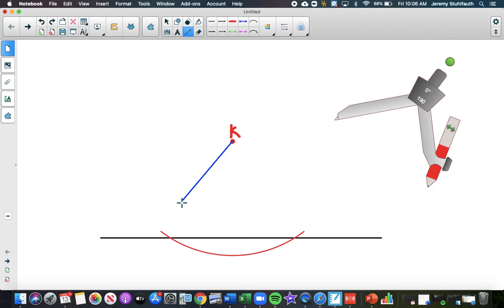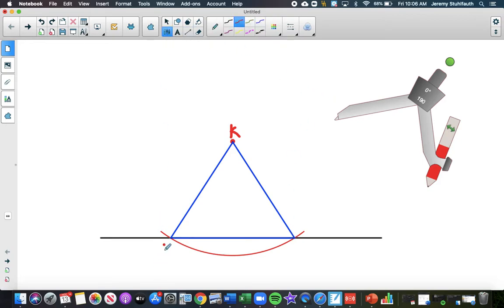If you take our straight edge, you have K to A, and you have K to R. This will go ahead so that the whole triangle is in blue. Okay, so there's an isosceles triangle. We have triangle ARK.